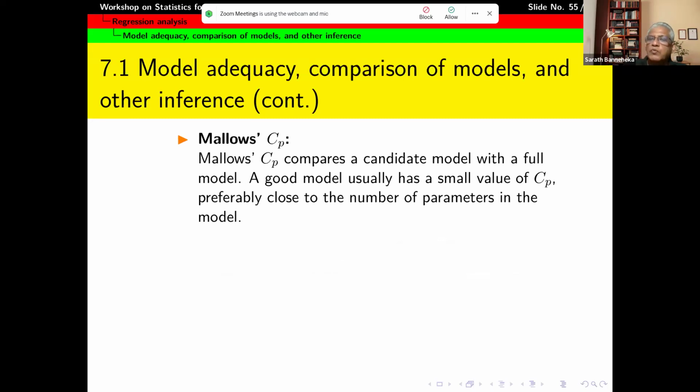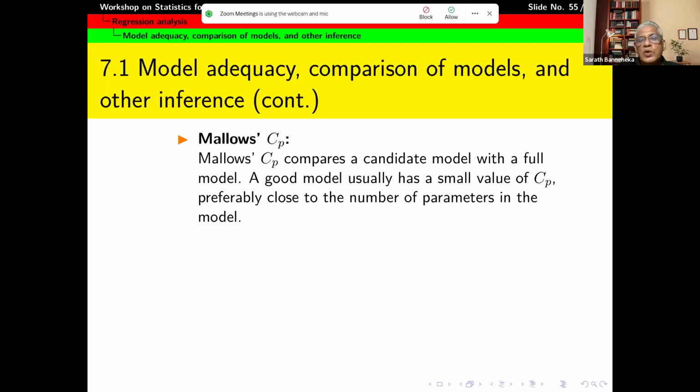So you compare your full model with the model that you have selected as the adequate model. Usually the adequate model will not have all the variables in the full model. What you try to do is select the best set of variables out of all the X variables that you consider, right?